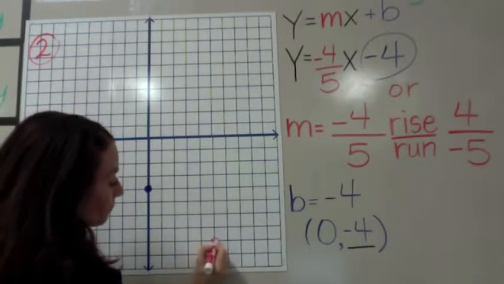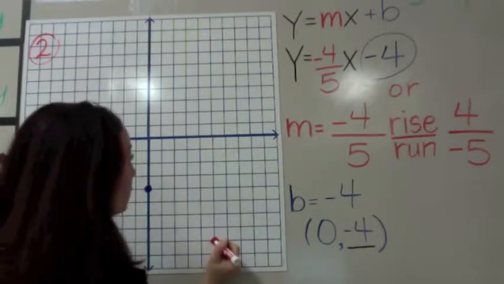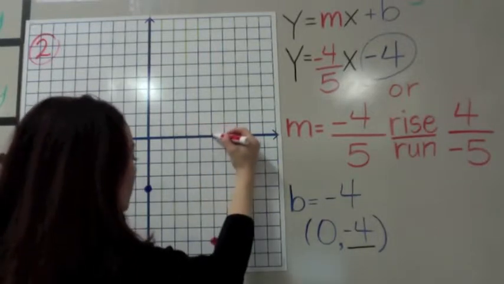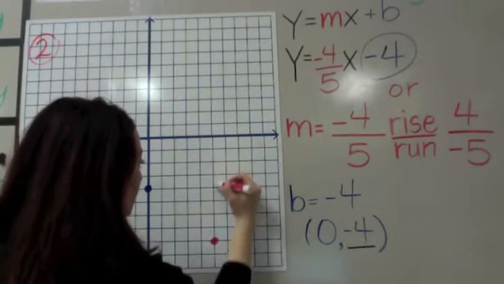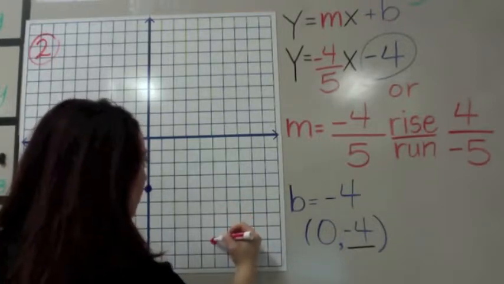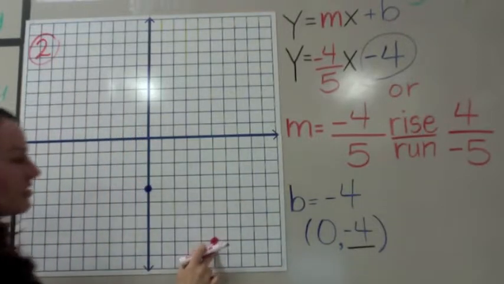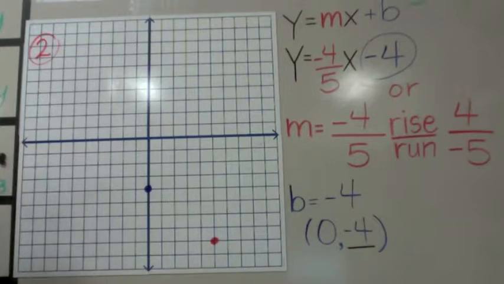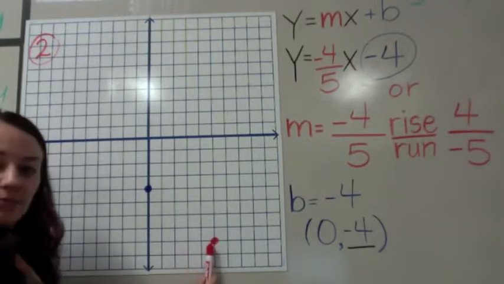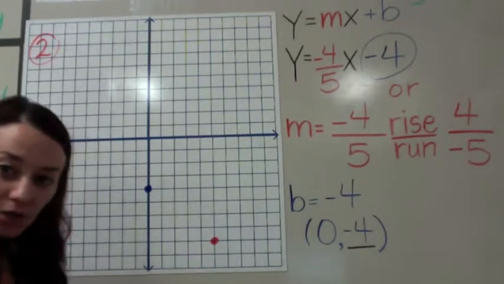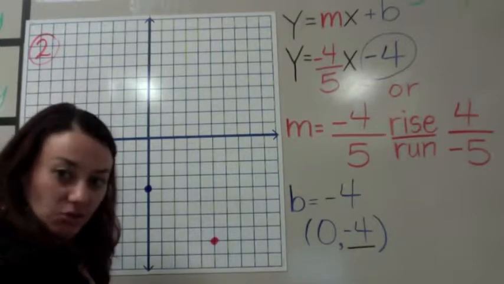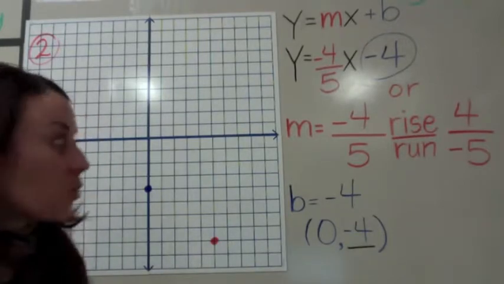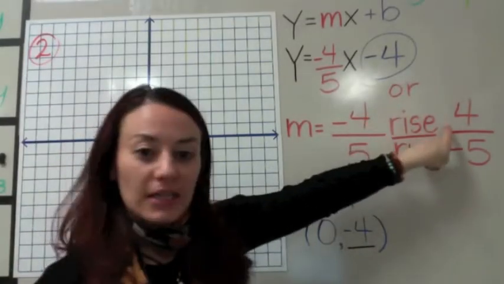All right, so this point should be 5, negative 8. Now you can see I don't want to keep going down because I'm going to run out of space on this graph. That's why I want to do the other possibility.